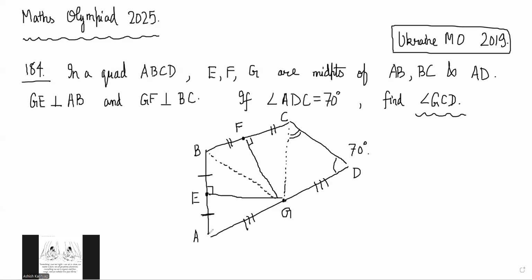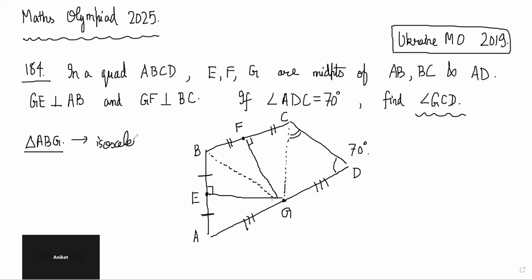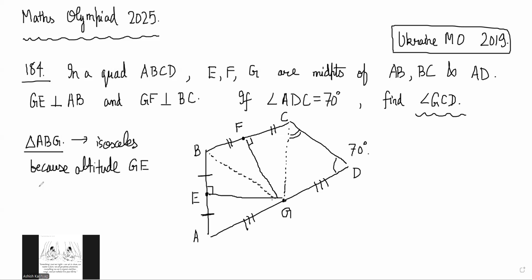So if you look at triangle ABG, this is a midpoint, perpendicular to here, and it's a bisector also. Triangle AEG is congruent to triangle BEG. So this whole triangle becomes isosceles because the altitude GE also bisects the base.